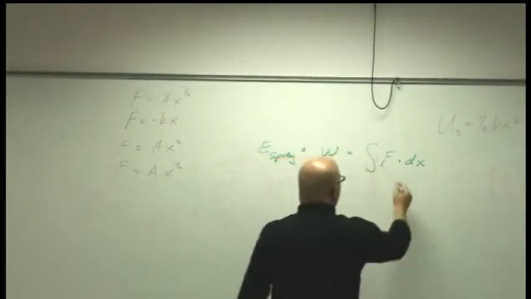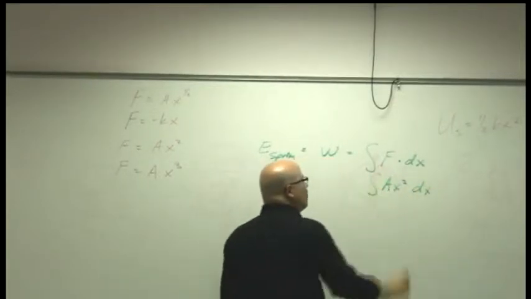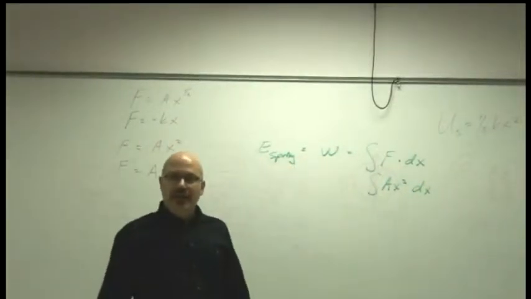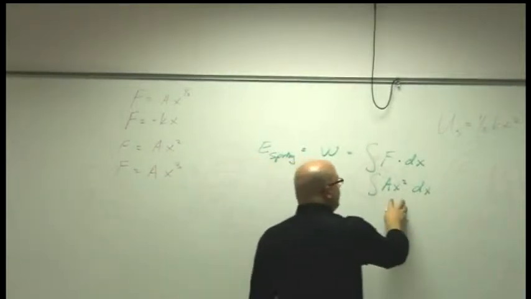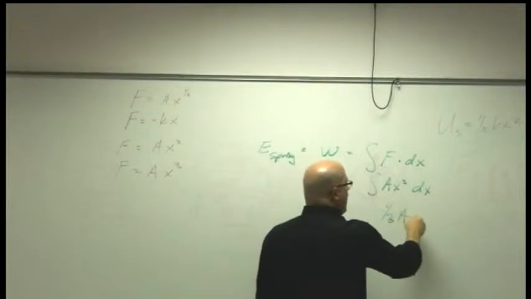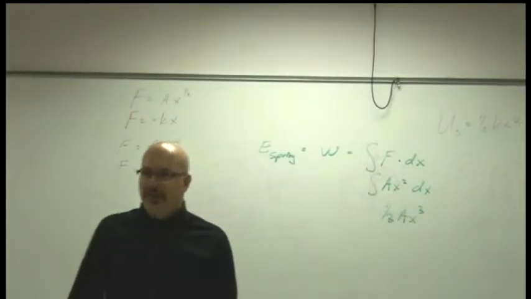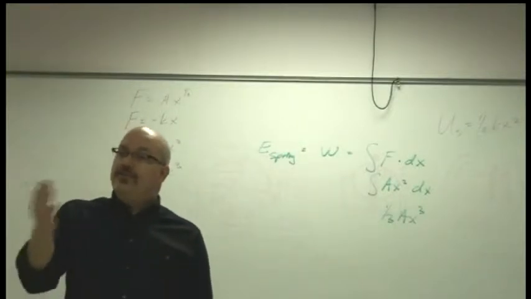Our force is ax squared dx, integral. So when I integrate the darn thing, what do I get? 1/3 ax cubed. So that is the potential energy for this type of spring.